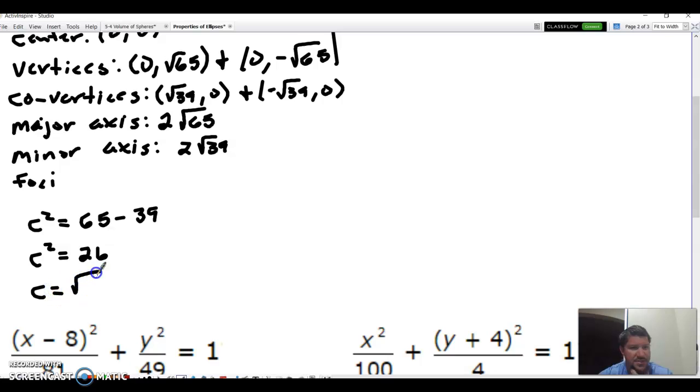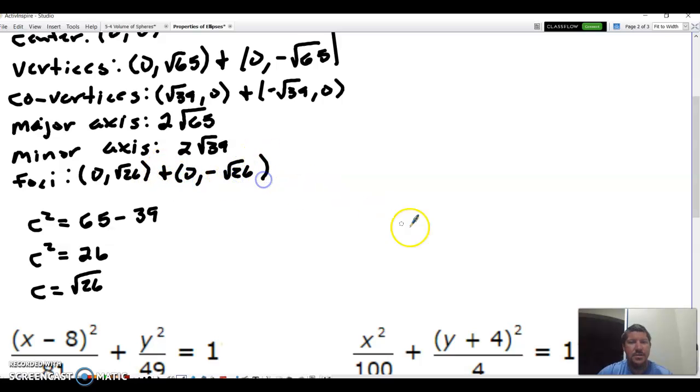So c is the square root of 26, which will not simplify. Make sure you simplify when you can. That'll come up a couple times. So that's going to be 0, square root of 26 and 0, negative square root of 26.